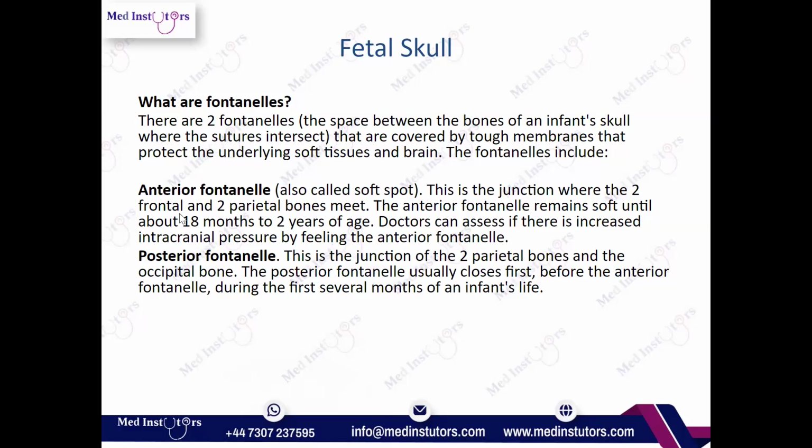So make yourself clear: if they mention the union of parietal bone with frontal, that means anterior. And if they mention the union of parietal bone with the occipital bone, and this is very easy to remember, that is posterior fontanelle. Am I clear, everyone? Yes, perfect.